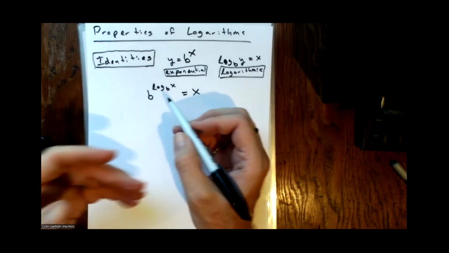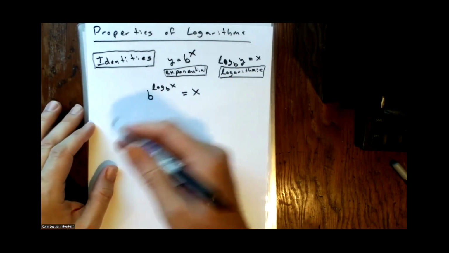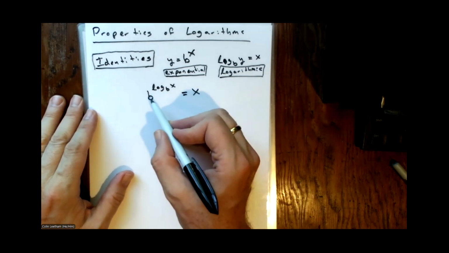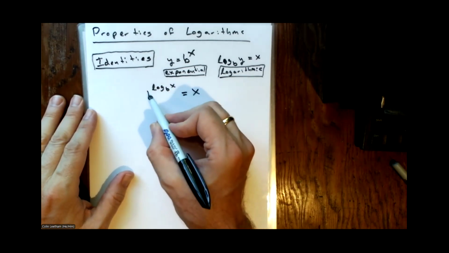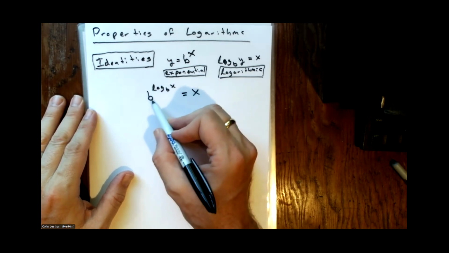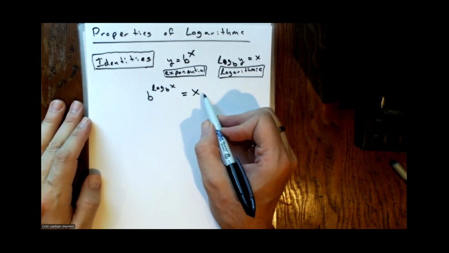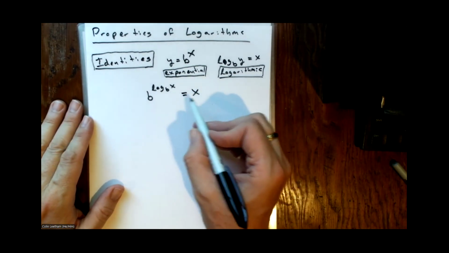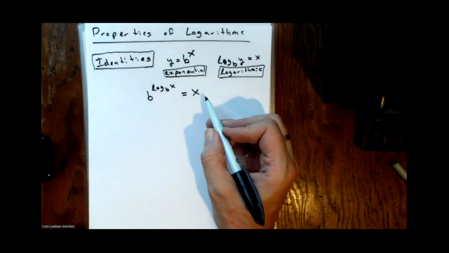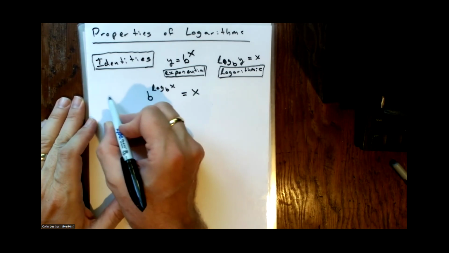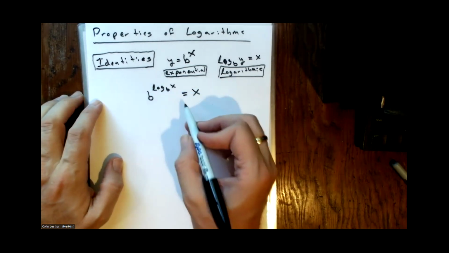Think about it like if you square a square root, it makes that go away. Same thing happens here. If I put a logarithm in the place of an exponent, and the bases are the same, the answer is just going to be that exponent. This is our first identity that we usually talk about.